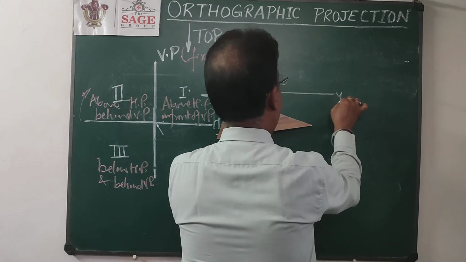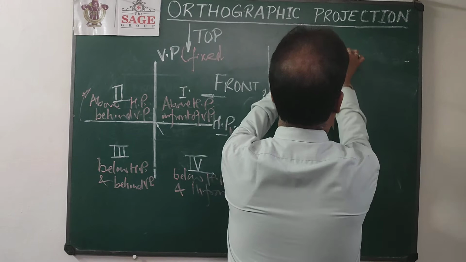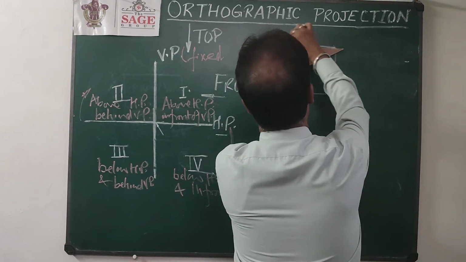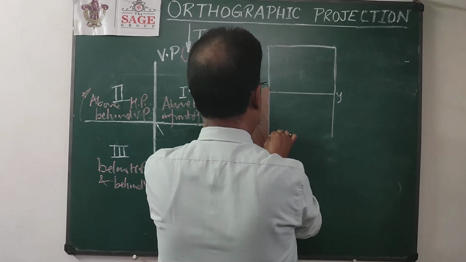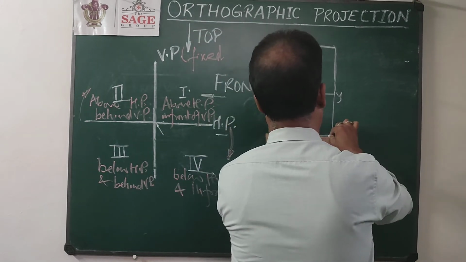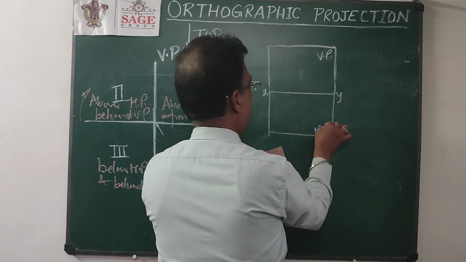And you see that if the object will be in the first quadrant, the vertical plane will be upside and the horizontal plane will be below this. So this is our vertical plane and this is our horizontal plane.